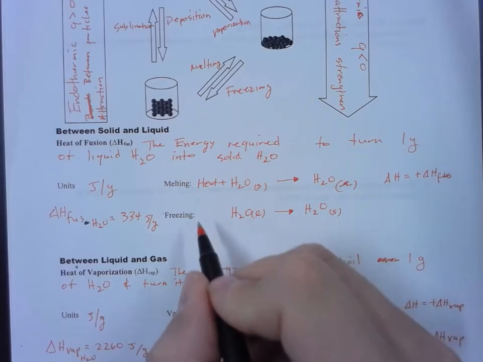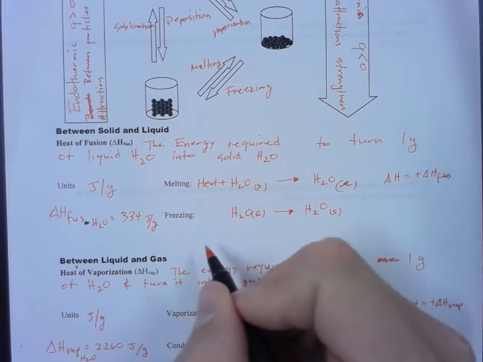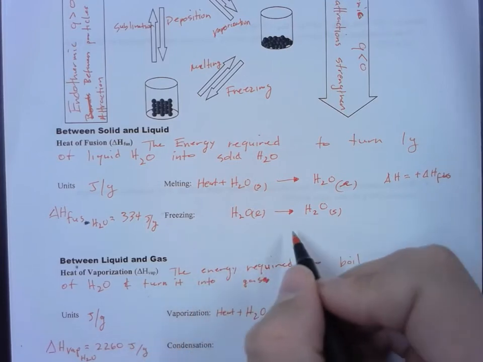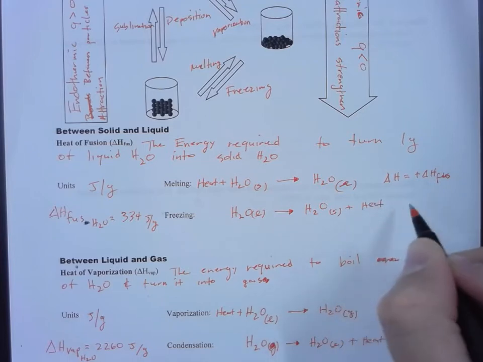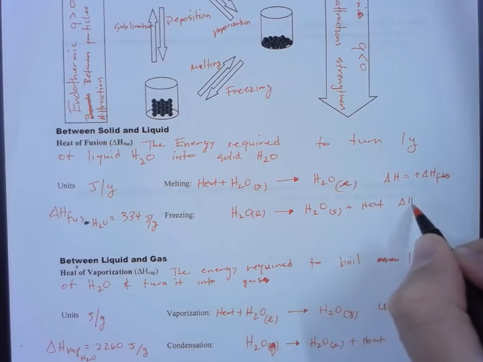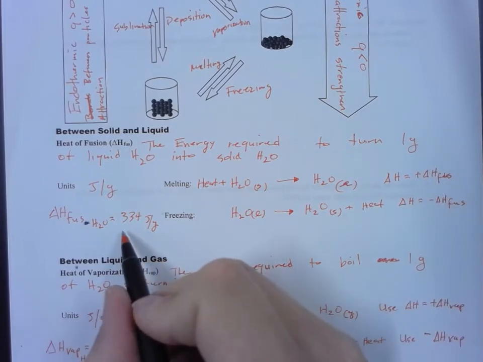Well, I'm not going to add it to the liquid side, because if I added it to the liquid side, I would get boiling, right? So that doesn't make any sense. I would add it over here. I'm losing heat, and if you're losing heat, your delta H is going to be negative delta H of fusion.